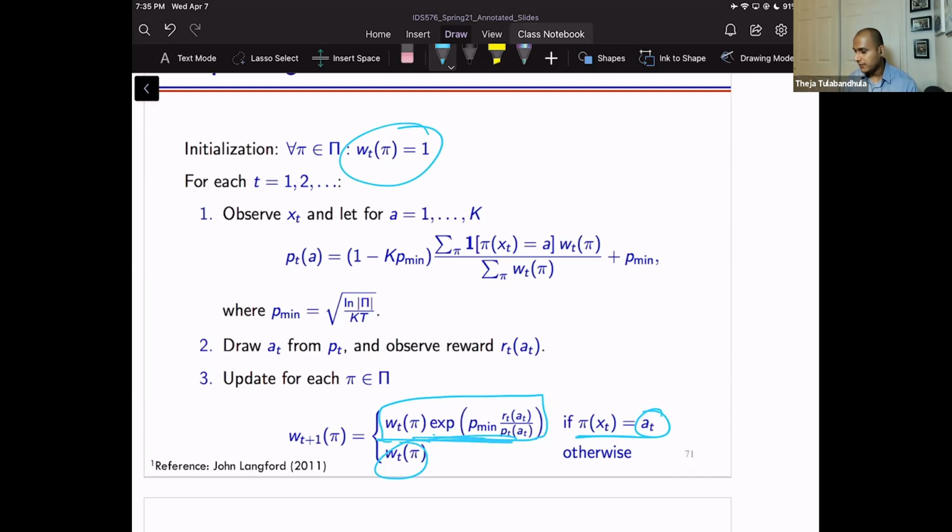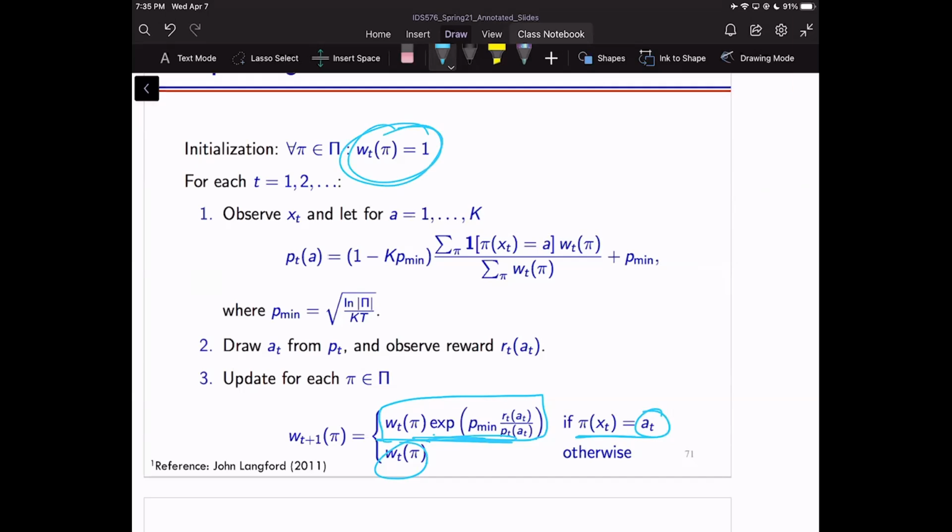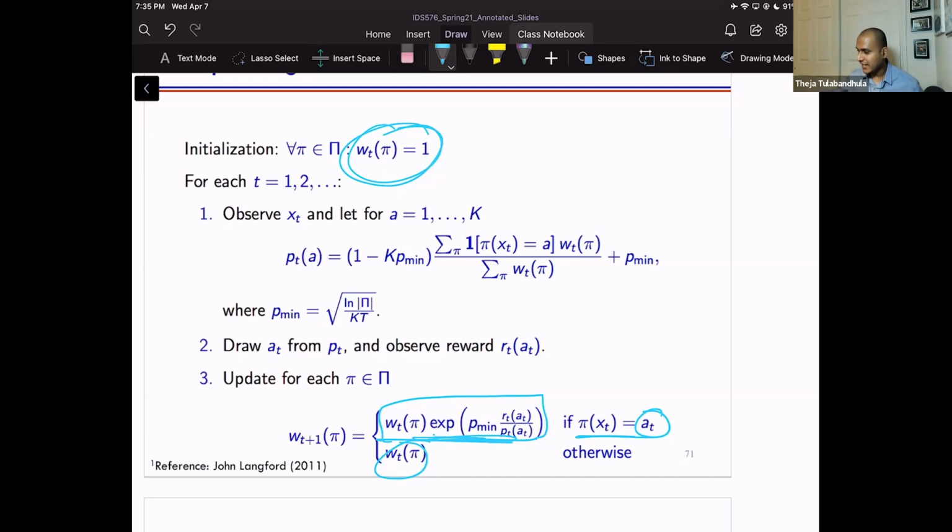But if you don't have a finite number of policies, then this algorithm will not work, because I have to maintain a weight over each policy, and I cannot even enumerate them. So in the case of contextual bandits, do we need a finite number of policies? No, that's not the case. I only showed an algorithm which works for the finite number of policies case.